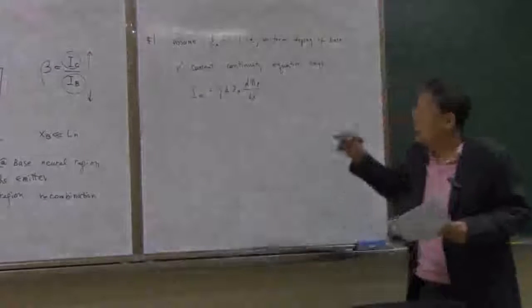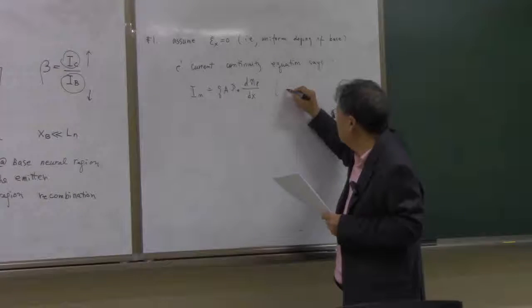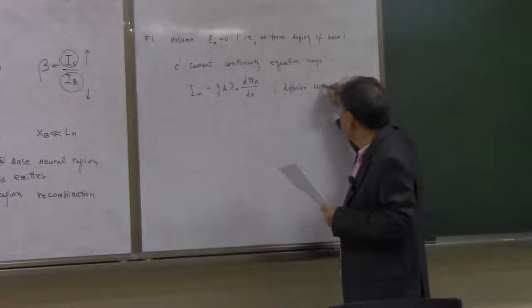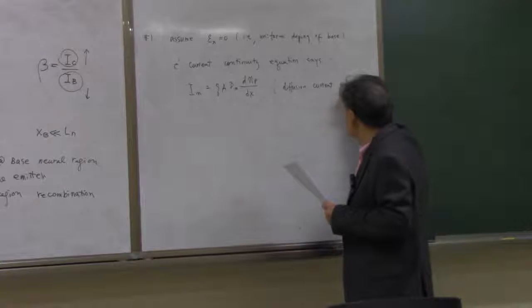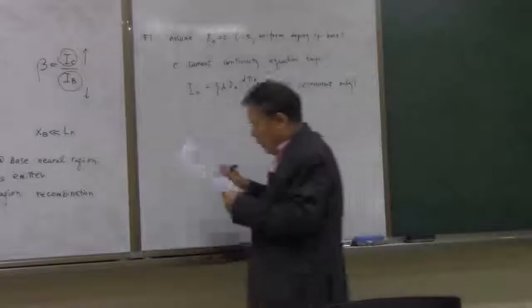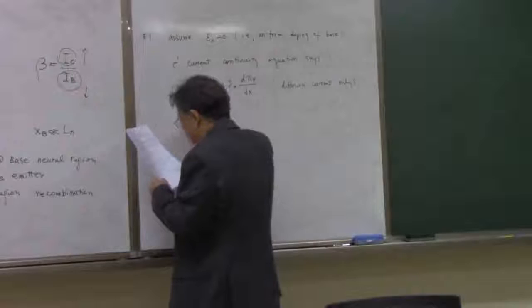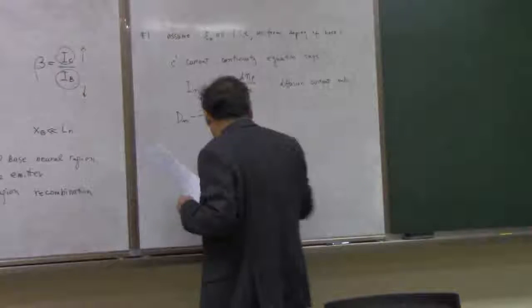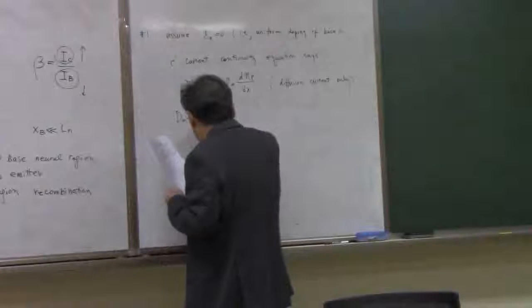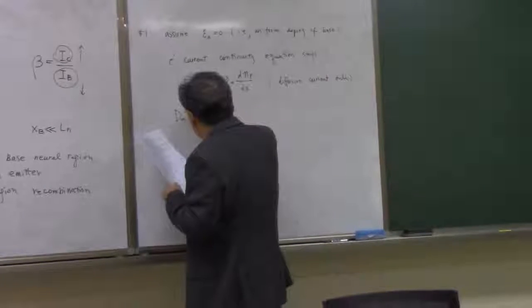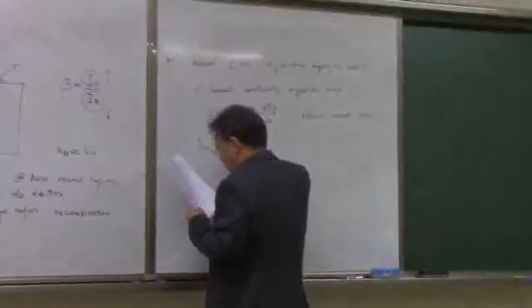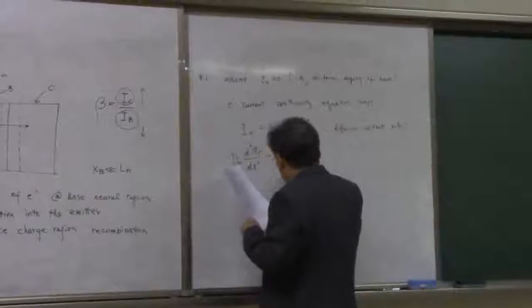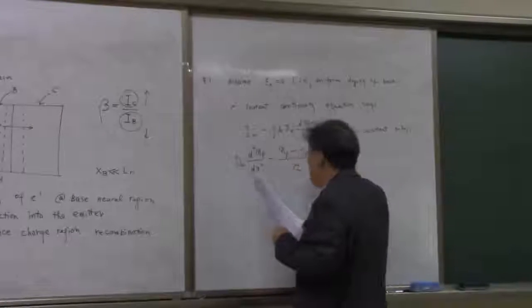Only the diffusion current is possible, right? And D_n d²n_p/dx² minus (n_p minus n_p0) over tau_n is going to be 0.